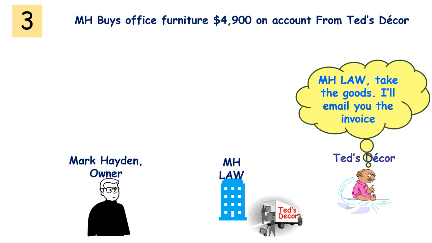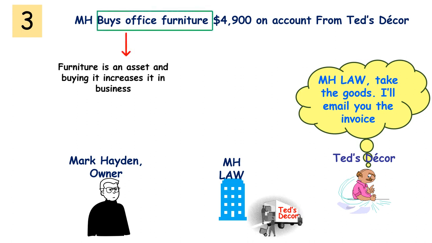So now we need to look at the transaction on the statement on the top, and analyze it to find out the answer to two questions. What are the accounts involved and whether those accounts increased or decreased? So office furniture. Furniture is an asset for the business, so we know asset is involved. And the second word that is important here is on account.